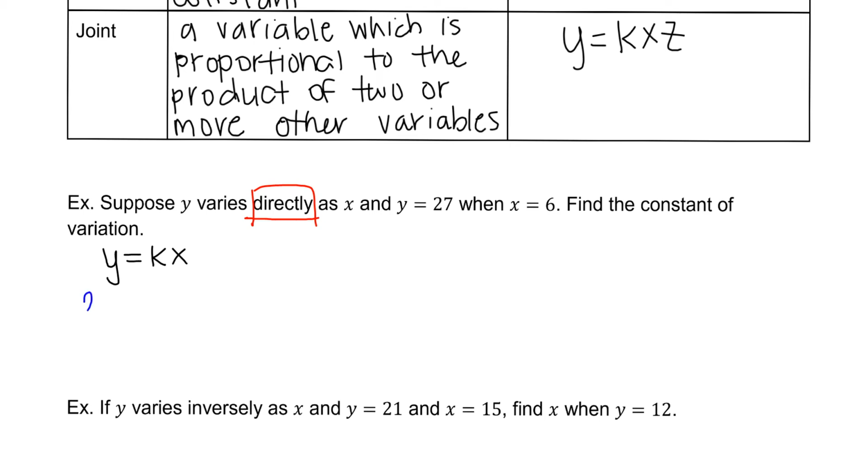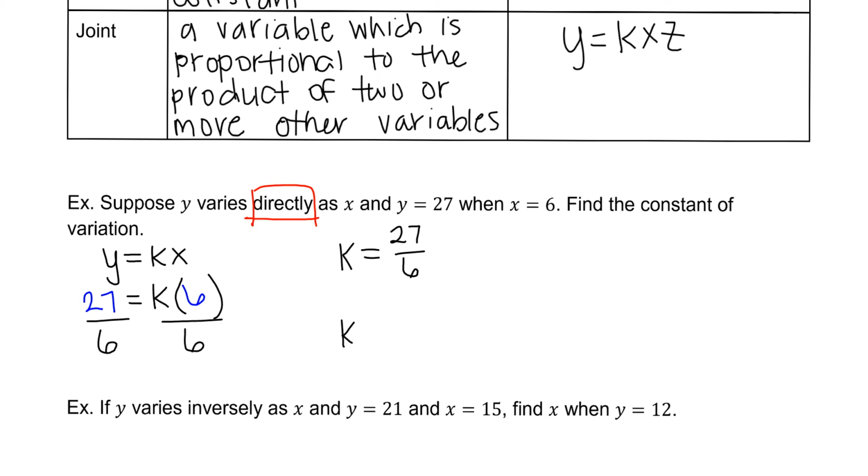So we get 27 equals k times 6. Then to solve for k, all we have to do is divide both sides by 6. So we get k equals 27 over 6, but that is a fraction that can be simplified since 27 and 6 are both divisible by 3.